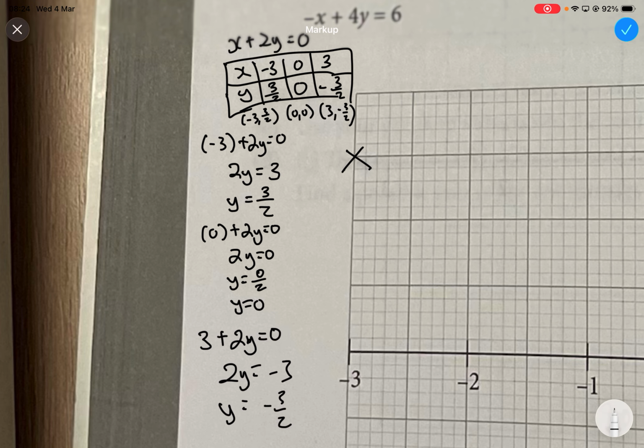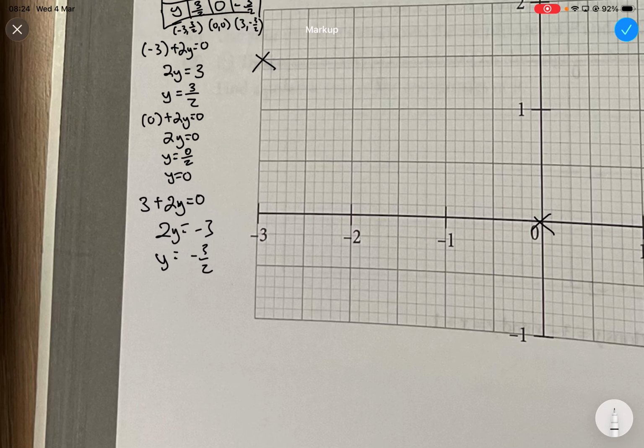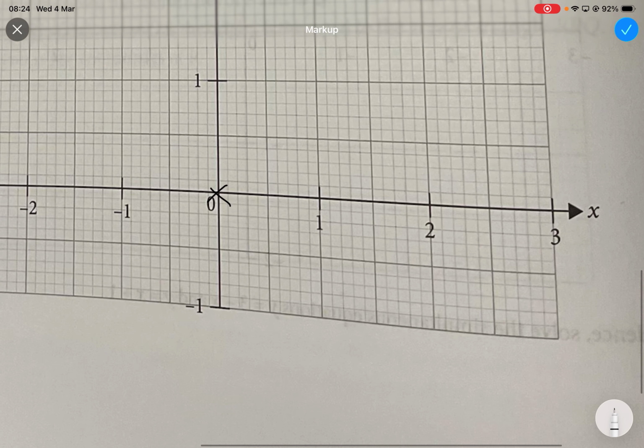Okay? Then when x is 3, y is negative 3 over 2. Then, my graph doesn't have negative 1.5.